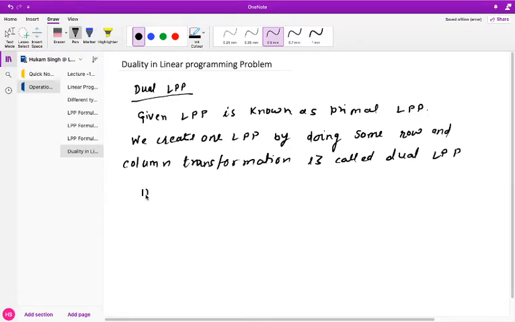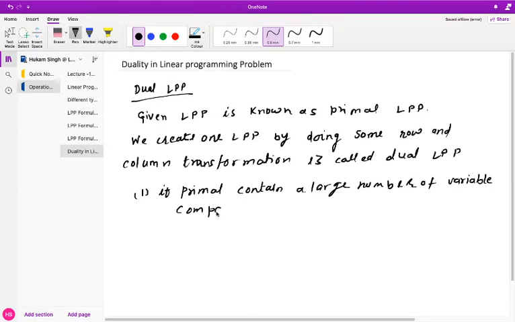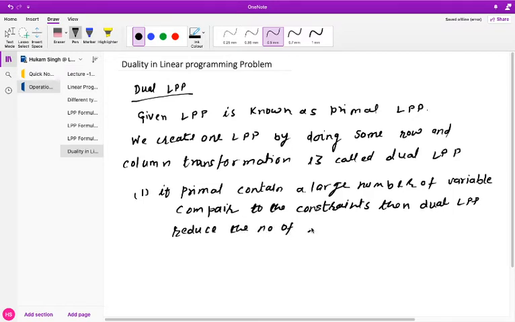One of the advantages: if the primal contains a large number of decision variables compared to the constraints, then the dual LPP reduces the number of transformations, the number of iterations.